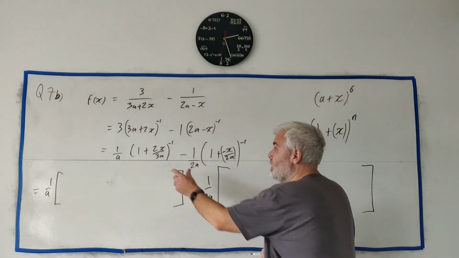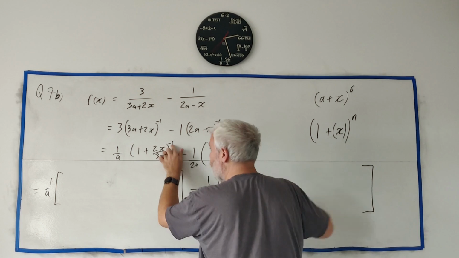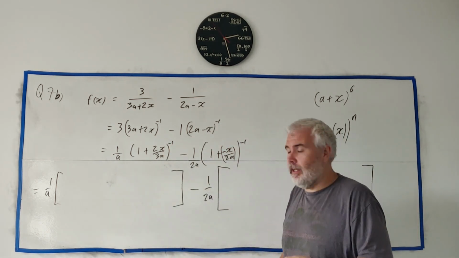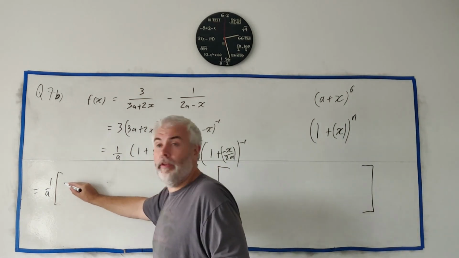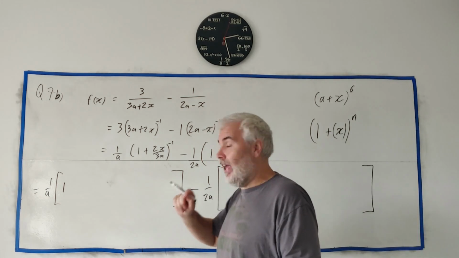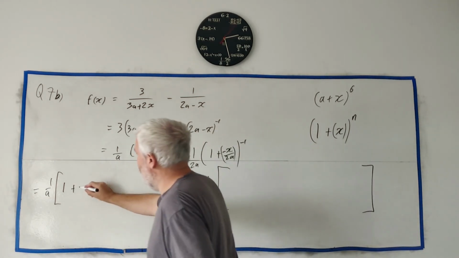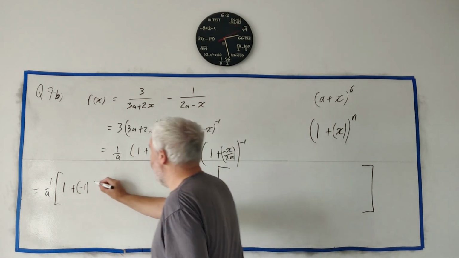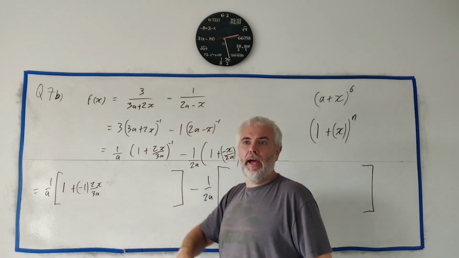The formula for expanding 1 plus something to the power of something is in your formula booklet, which I have up on my screen here. The expansion of this will equal 1 plus nx. So instead of n, we have minus 1, and instead of x, we have this mess here, 2x over 3a.